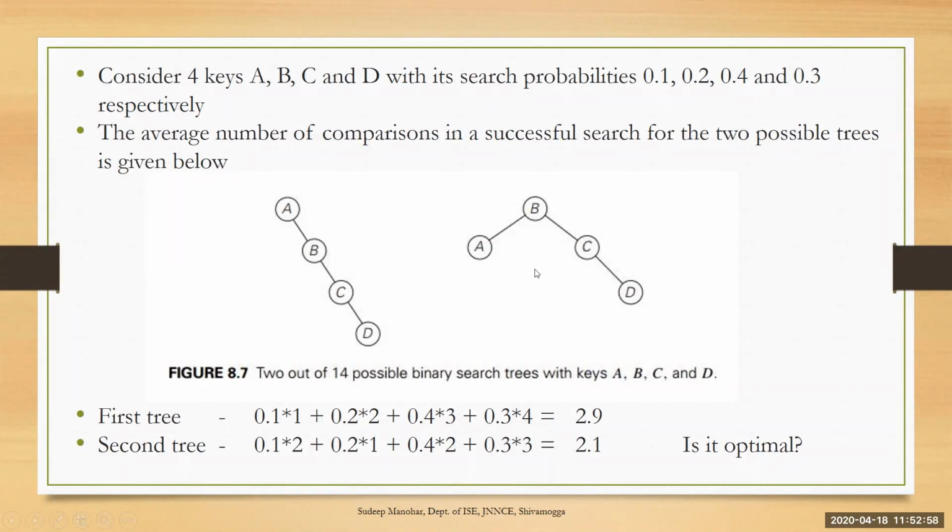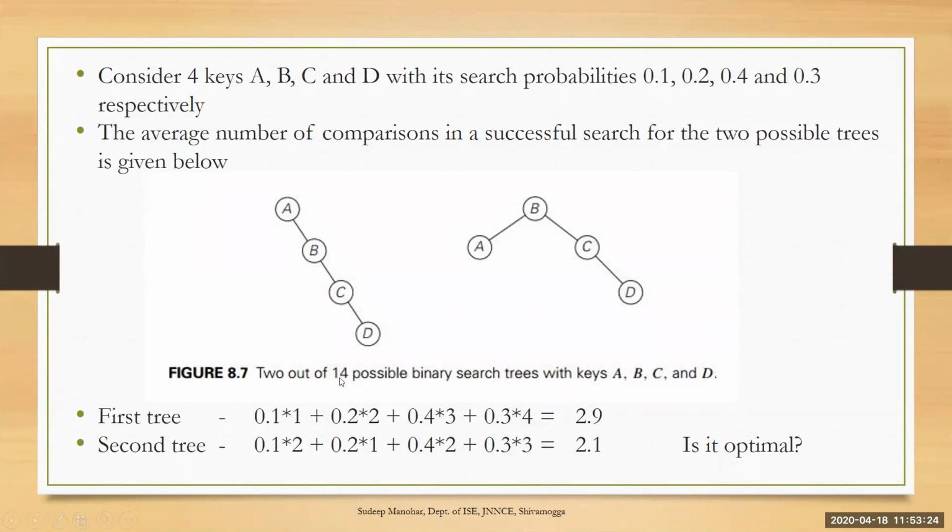Next, C's probability is 0.4, and it needs 2 comparisons because it is in the second level. Next is 0.3, the probability of D, and D needs 3 comparisons. Now you compute this, you will get 2.1. For the first tree you got 2.9, and for the second tree you got 2.1.